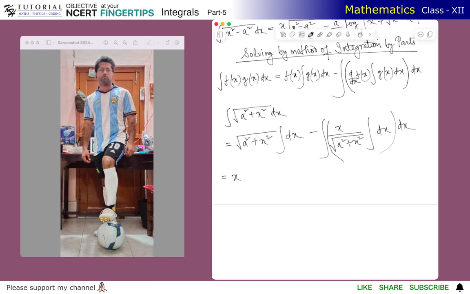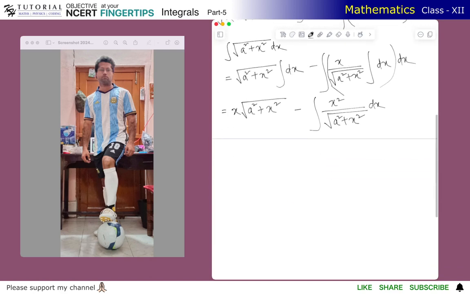So we have x times root over a square plus x square, and minus this, we have again the integral of dx, which is x. So we have x square by root over a square plus x square dx.